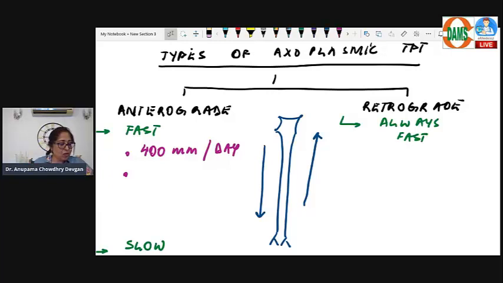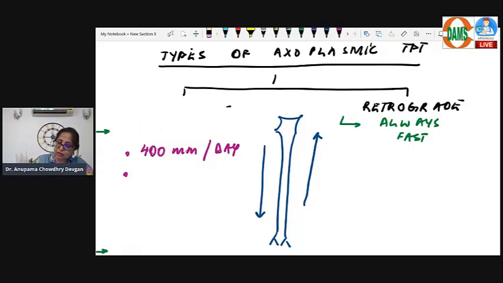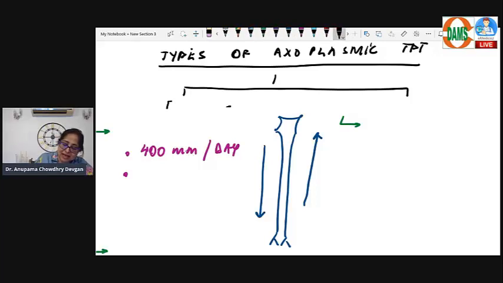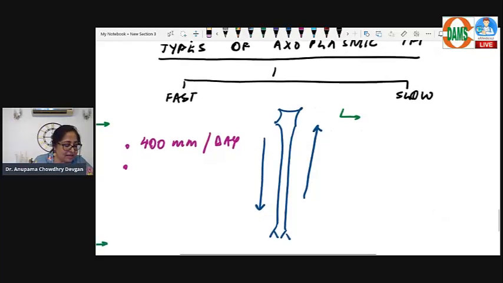All right, so let's go on to the types of axoplasmic transport. Now, as far as types of axoplasmic transport is concerned, just make a few changes here. The two types of axoplasmic transport are fast and slow. Instead of anterograde and retrograde, the better way to describe this is fast and slow.